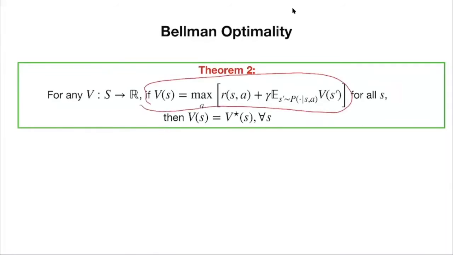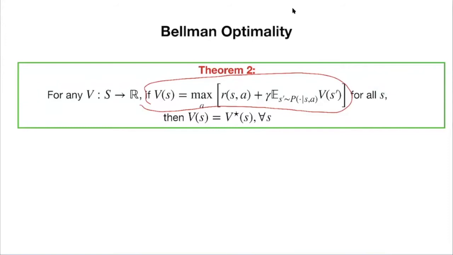So this achieves consistency for one time step. Remember the expression we had for V star, which holds for every state S. Now I'm telling you that you give me a random function and this is also true. And what you can get is that this function actually equals V star at every state.